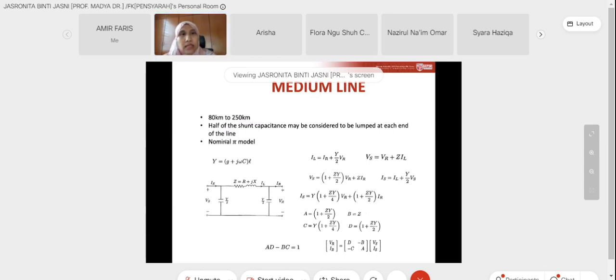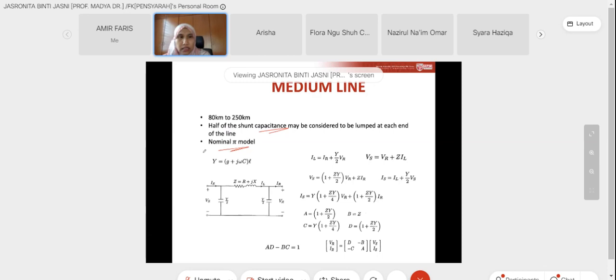For the medium line, half of the shunt capacitance needs to be considered at each end of the line model, and we call it the pi model. Basically, we have two types of model for medium line: the pi model and the T model.